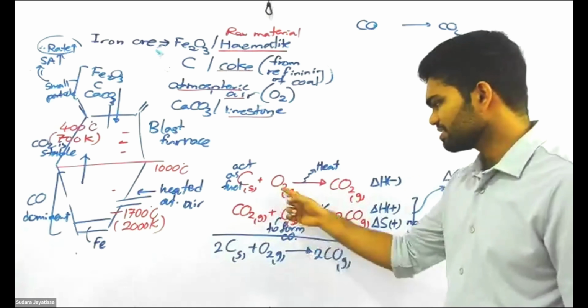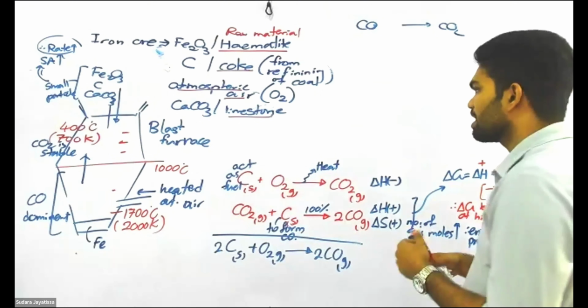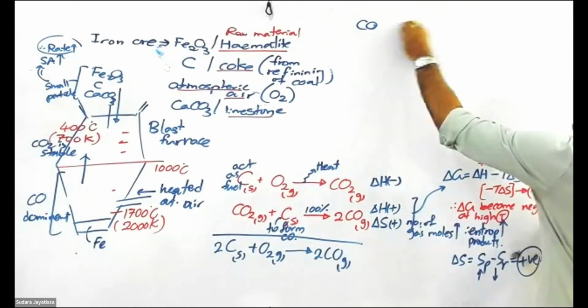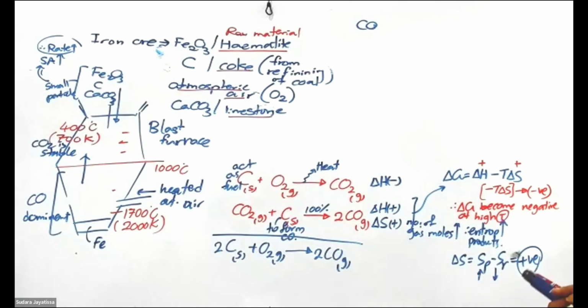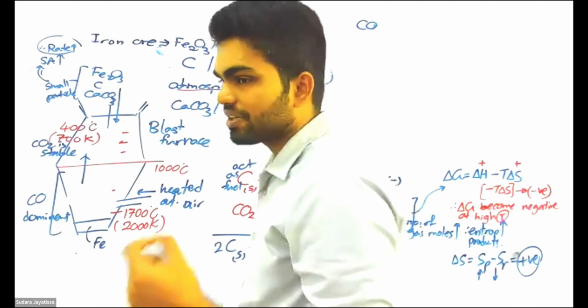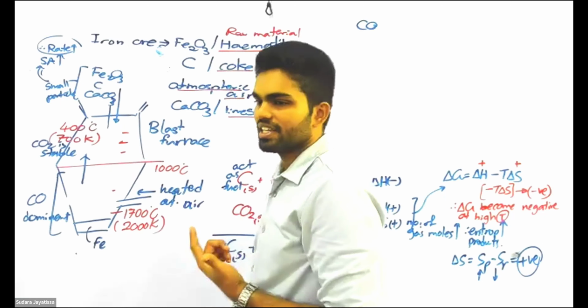You understand? So now carbon monoxide needs to become carbon dioxide, but it doesn't have O2 to react. So what would this carbon monoxide do? It will try to react with something that already has oxygen. What is that?